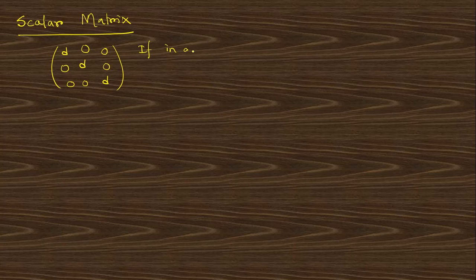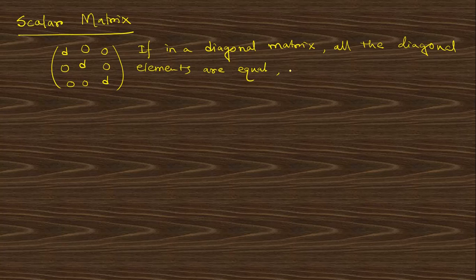If the diagonal elements are different, this is just a diagonal matrix.